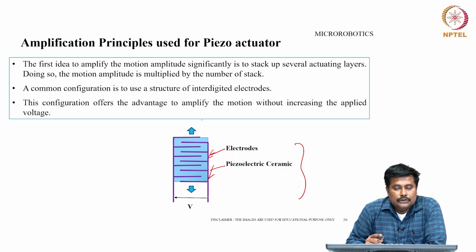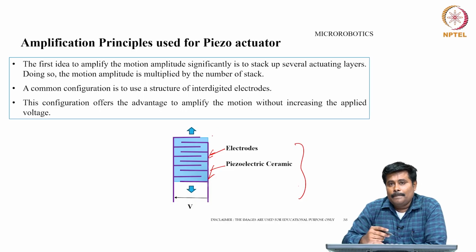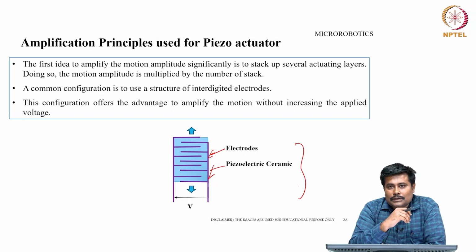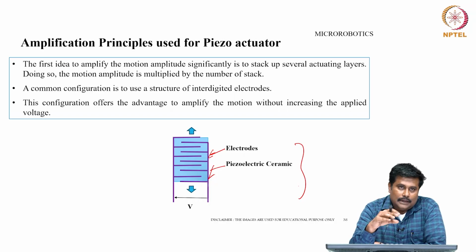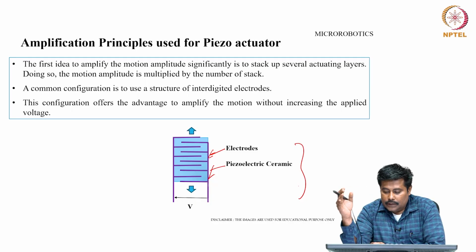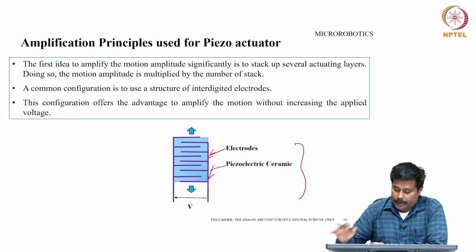The first idea to amplify the motion amplitude significantly is to stack up several actuating layers. Doing so, the motion amplitude is multiplied by the number of stacks. A common configuration is to use an interdigitated electrode structure. This configuration offers the advantage of amplifying the motion without increasing the applied voltage.